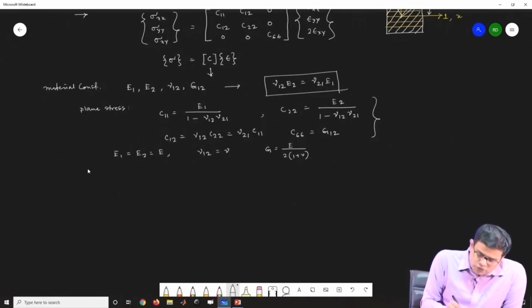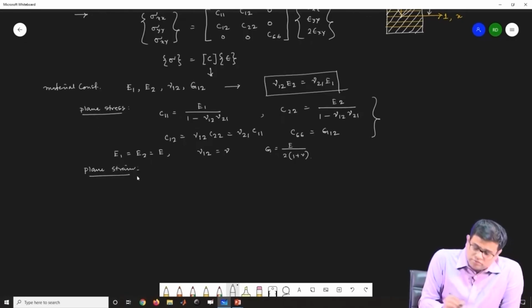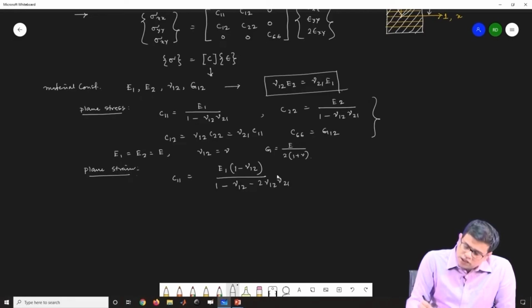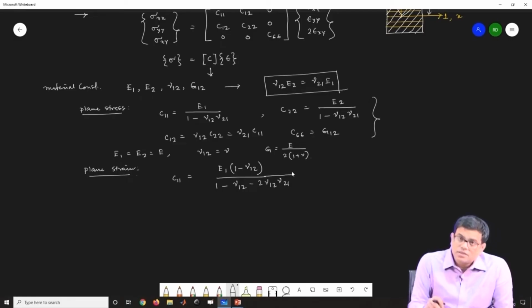Now in case of plane strain, again I'm just doing this for your understanding, that is C11 will be E1 into 1 minus nu 1 2 divided by 1 minus nu 1 2 minus 2 nu 1 2 nu 2 1. So this is the quantity that the constitutive matrix C11 will have for plane strain. You see it is different than the plane stress.